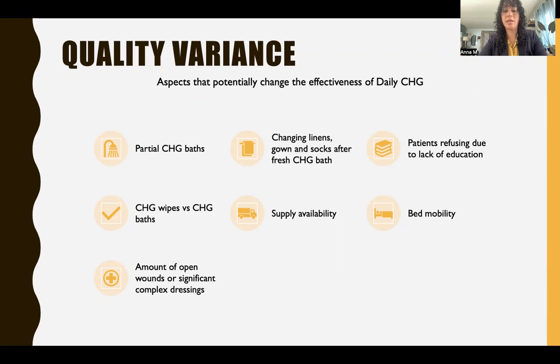So bed mobility, including fractures, any recent surgeries, contraindications to patients being able to move certain limbs, cervical spine precautions. These require higher personnel to do the CHG wipes and therefore availability of staff. And as stated before, the amount of open wounds or significant complex dressings that you may need to watch out for.